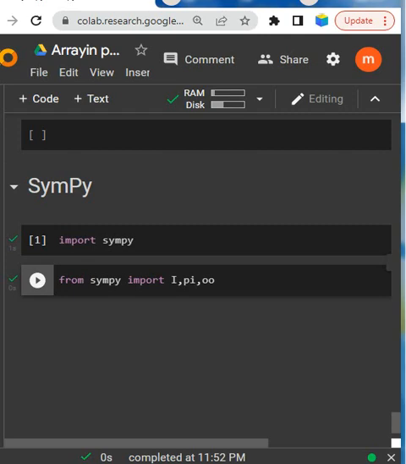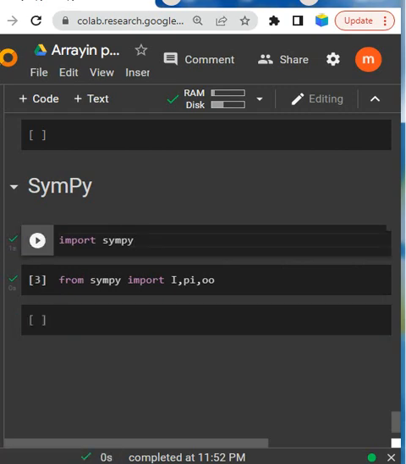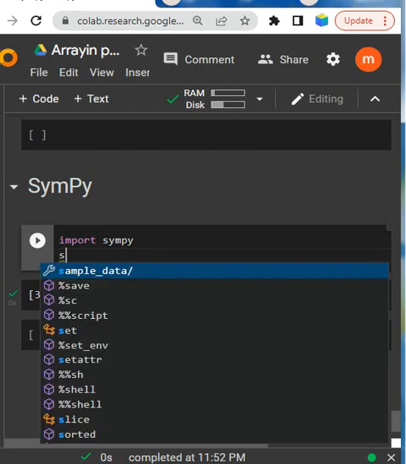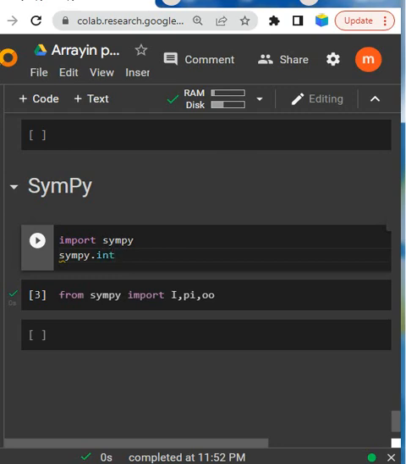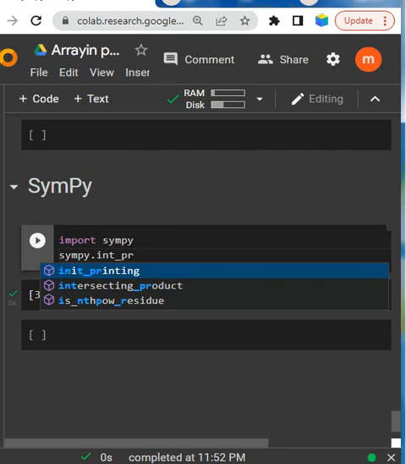So let's see, I am going to write one piece of code here. sympy.init_printing means initialize printing.